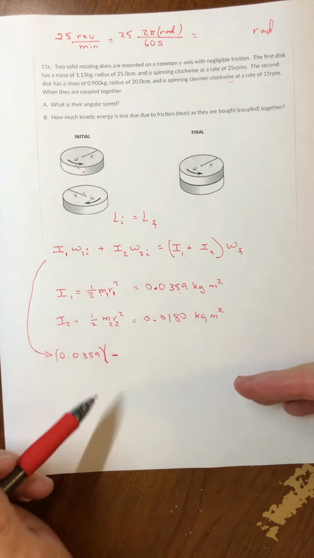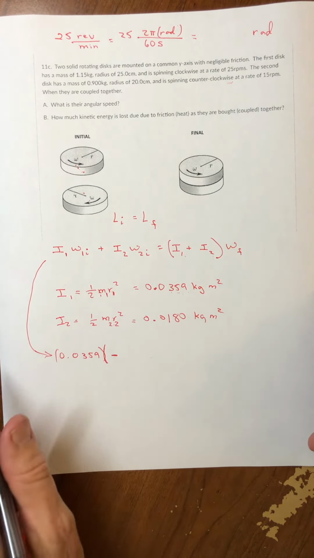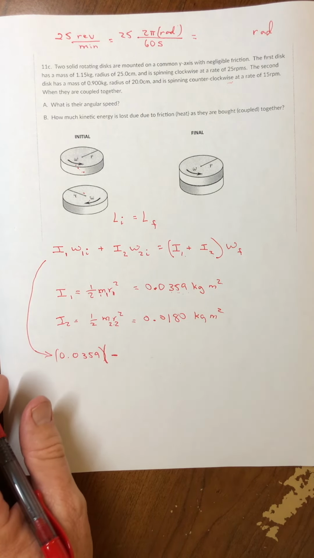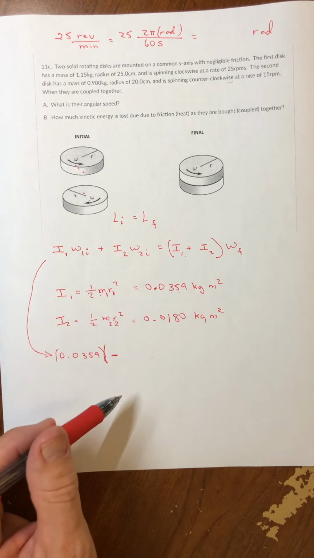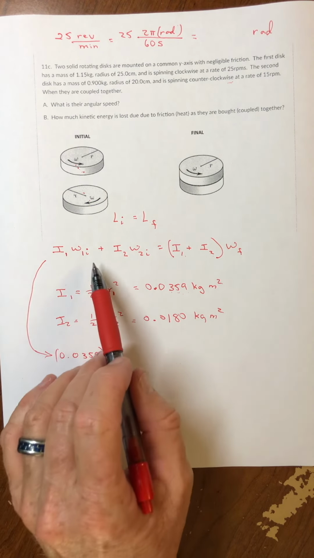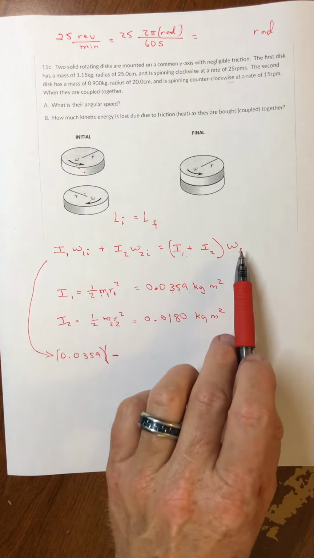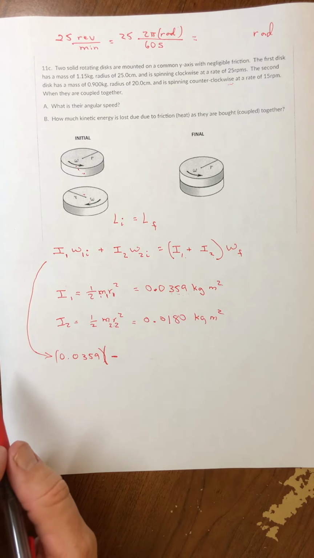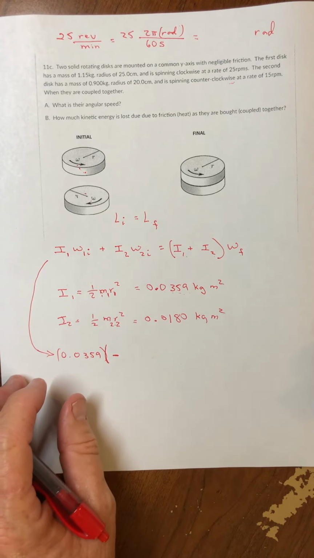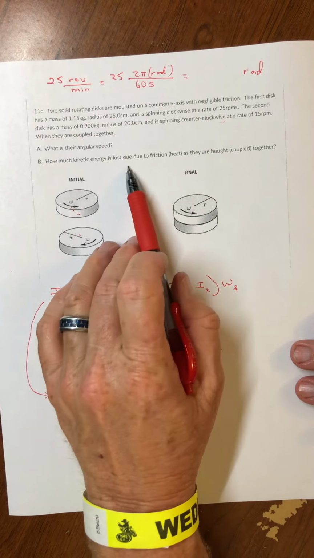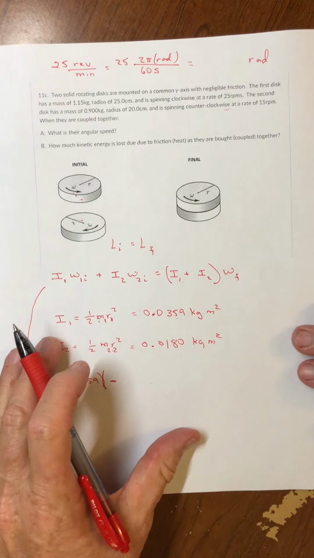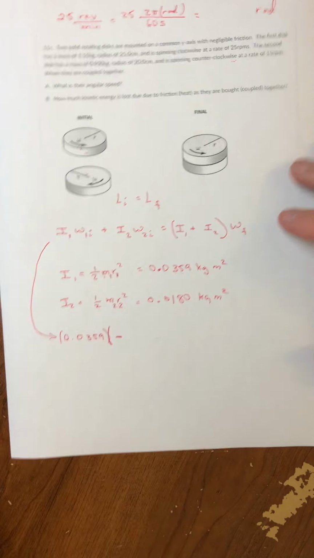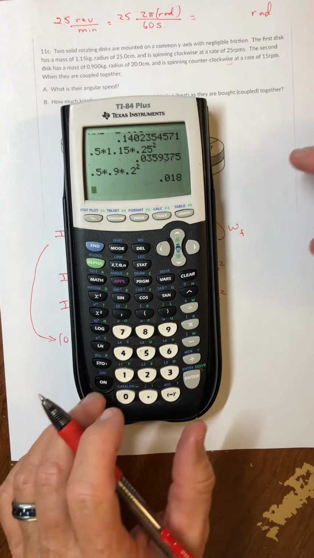Now, technically in A, I'm not really doing energy. So you could probably, if you wanted, leave each of these in RPMs, and get an answer in RPMs. But eventually we're going to have to go to radians because we are looking for the energy lost, and we're going to report that in units of a joule. So I'll go ahead and just change it right here.